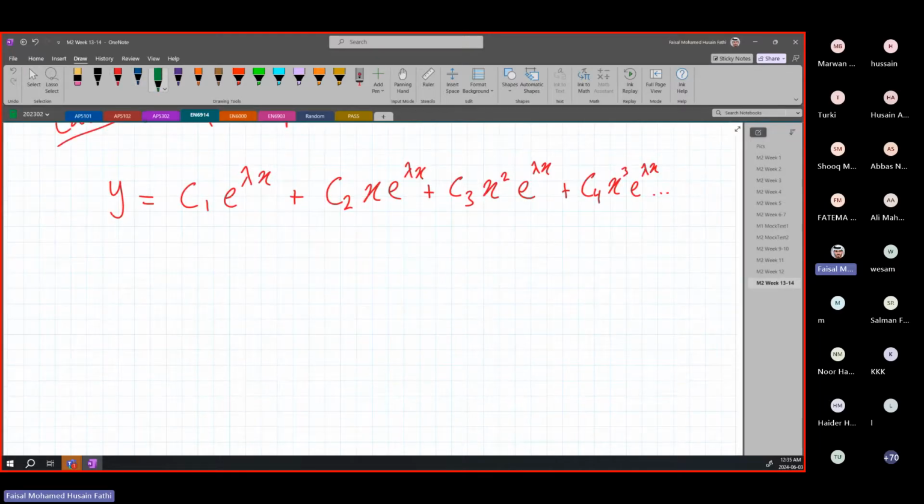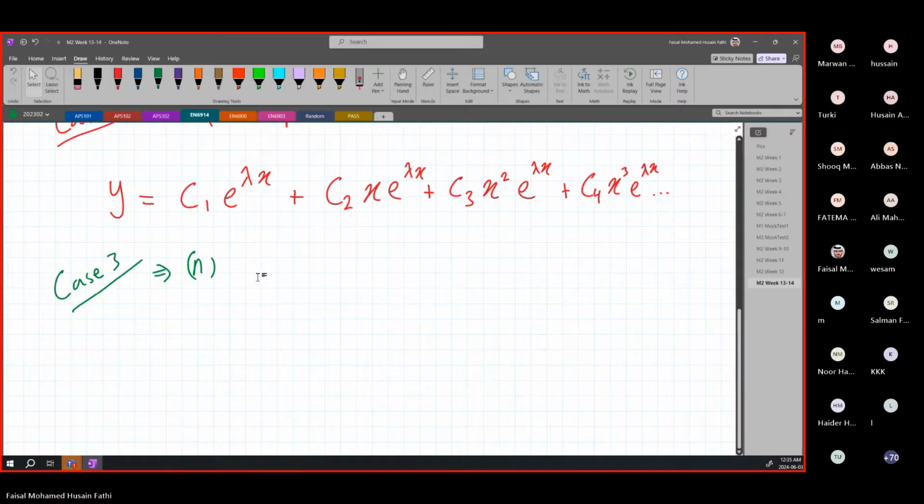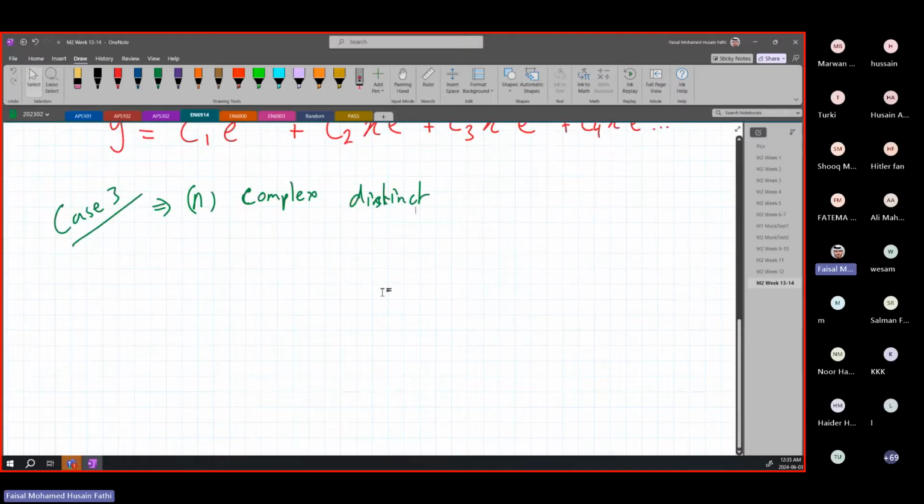Case 3 was when you had n complex distinct roots. What do you mean by n complex distinct roots?